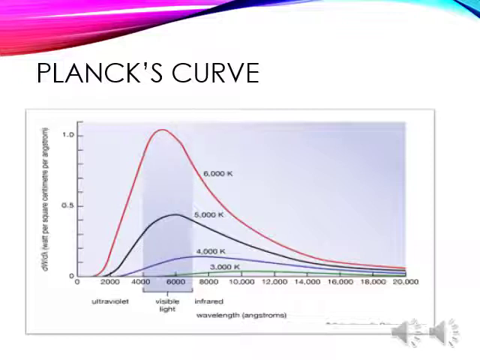Sun: at temperature 6000 Kelvin, wavelength 500 nanometers, radiation 40% as visible light and 50% as heat, like infrared ray.